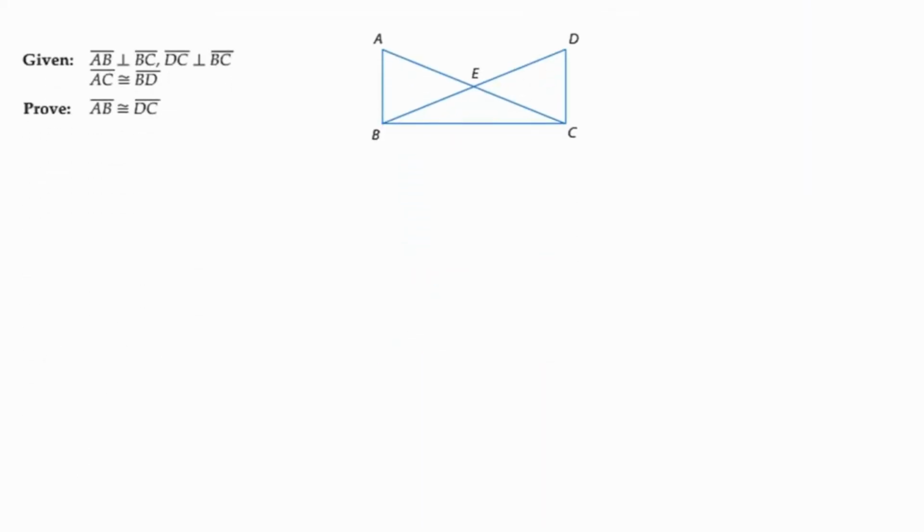So let's do one last proof. Again, let's separate the 2 triangles so we can clearly see what we're working with.